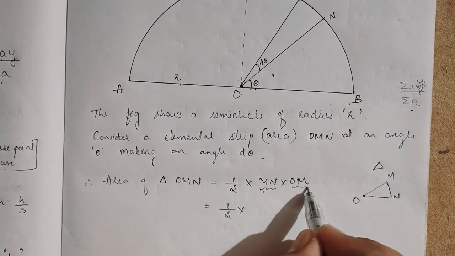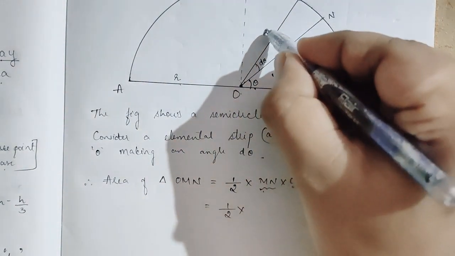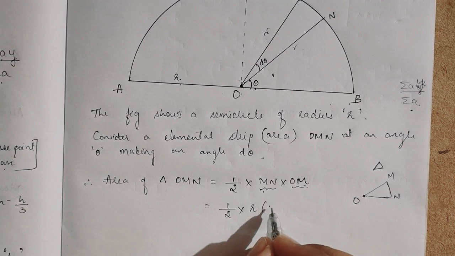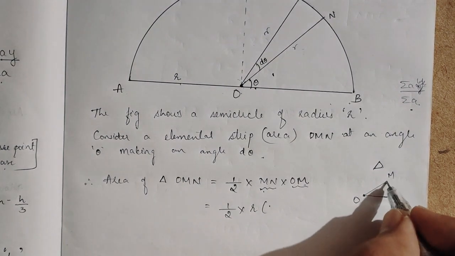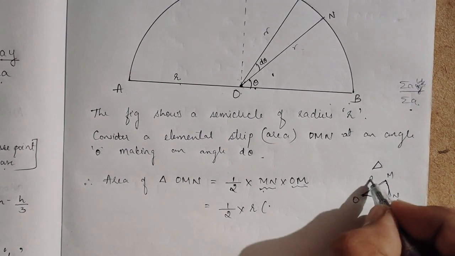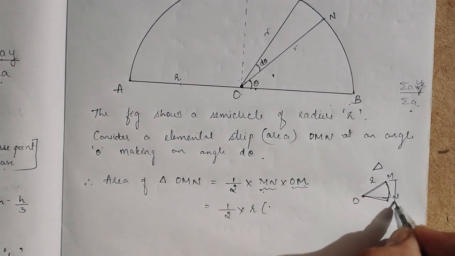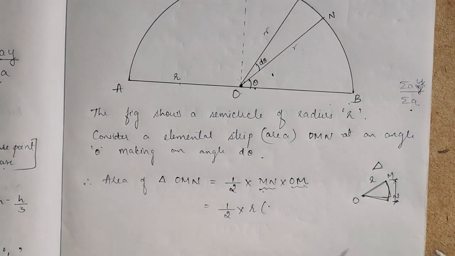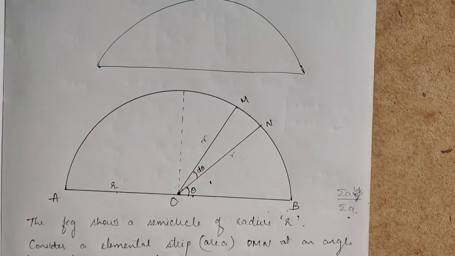OM is nothing but the radius of the circle, r, into MN. Now I have to find MN. Any arc is drawn with a radius, so how do you find this? From the basics.